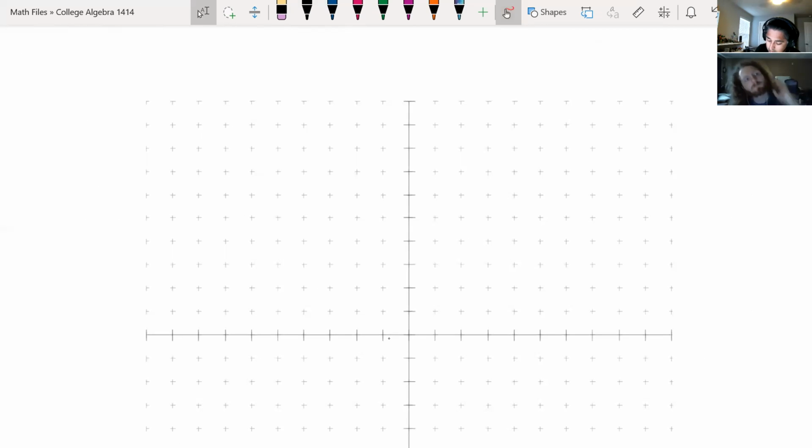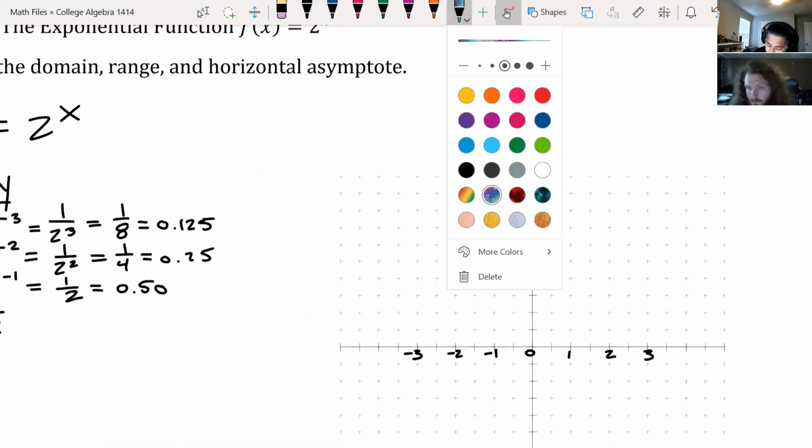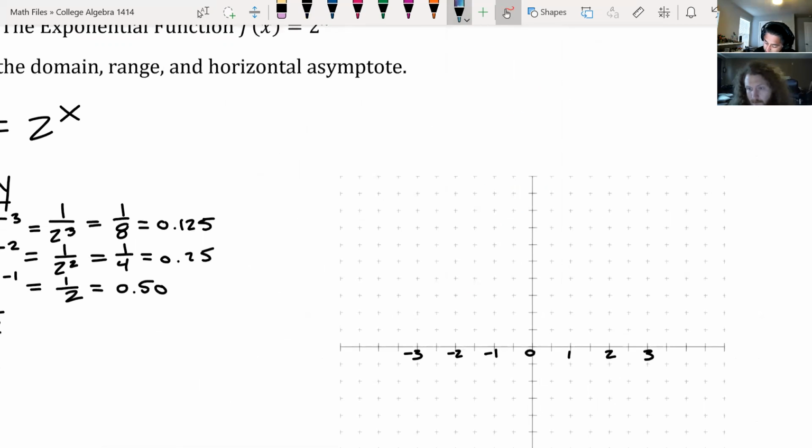All right. And I could probably stretch these out. Let's see, 0, 1, 2, 3, and then -1, -2, -3. All right. And from my XY chart over there, I have -3, which will give me 0.125, which is just barely above the x-axis.